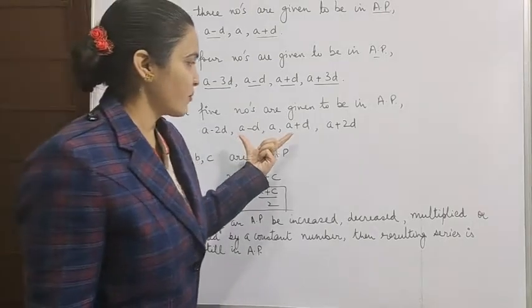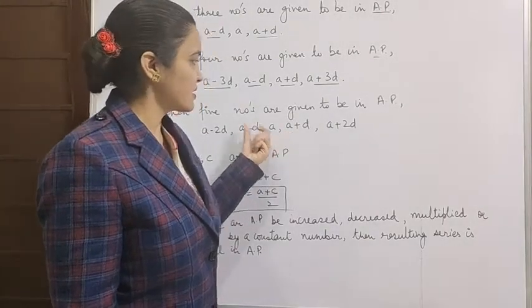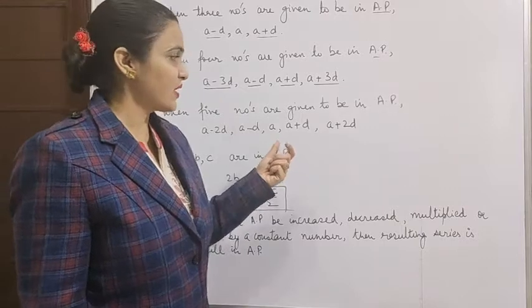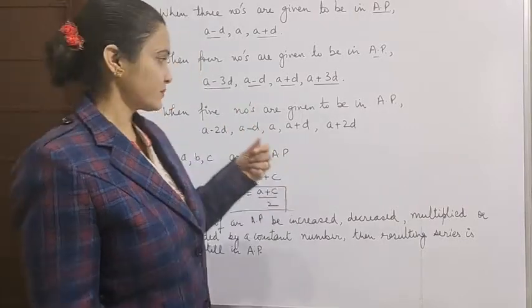Then we take these five numbers because of the simplification of our problem.